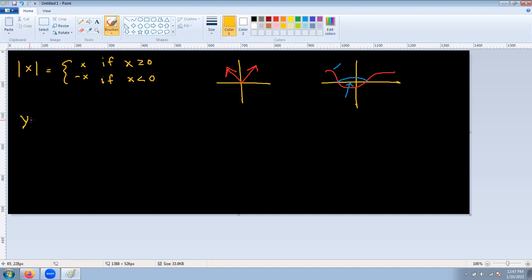If you ever wanted to graph something like this, the absolute value of x plus 1, all this would do is basically raise the graph up just a tiny little bit right here. Still the absolute value.